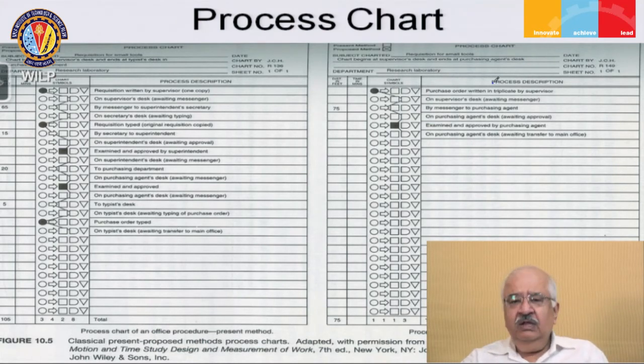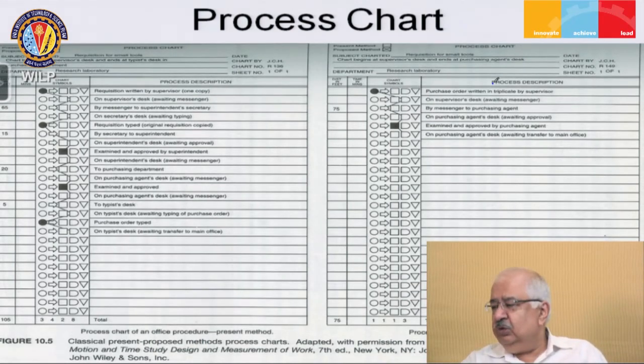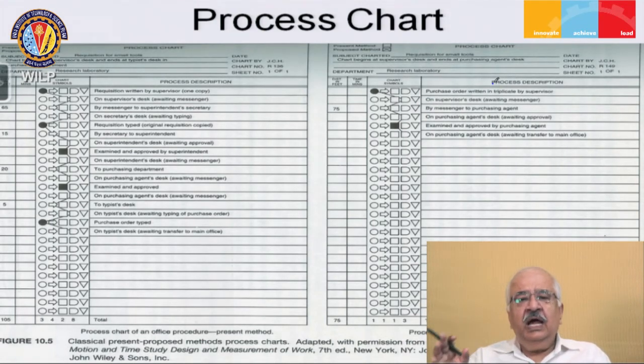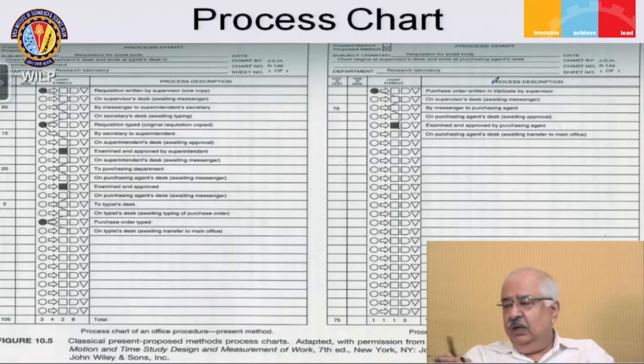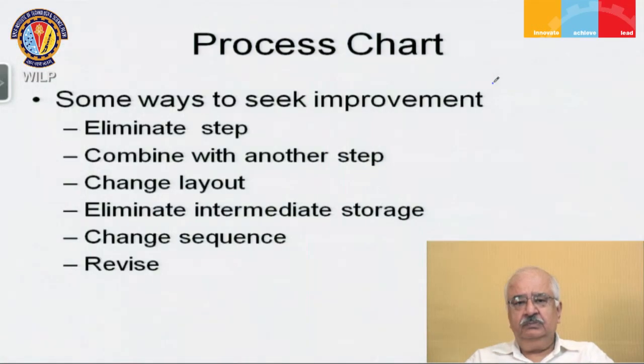And again, I will leave it to you to read through the individual steps and see how this particular process has been improved. But the idea is that it's a graphical representation of the process, and by graphically representing the process, it highlights the areas for potential improvement, which is what we will try to do when we are working on a particular improvement process.